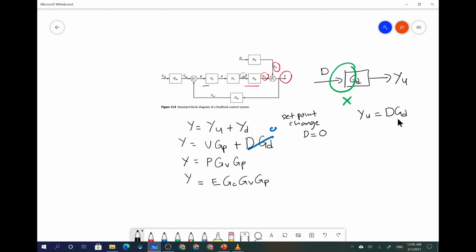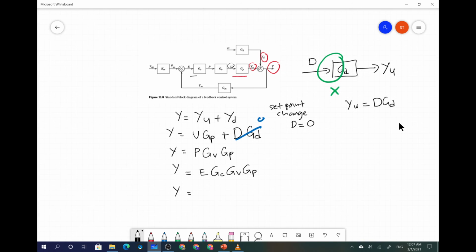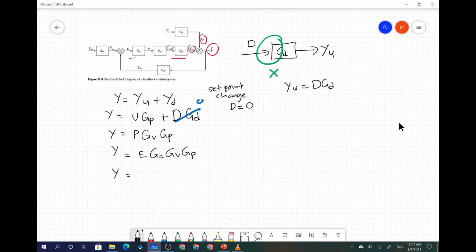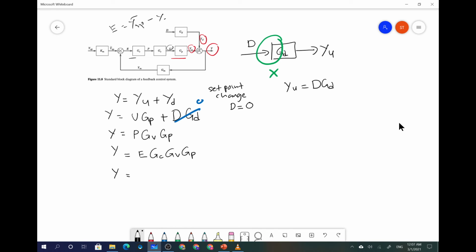Continue again. What is e? So e is basically Y sp minus Y. To substitute, do you get it? Is equal to this, put it in another color.